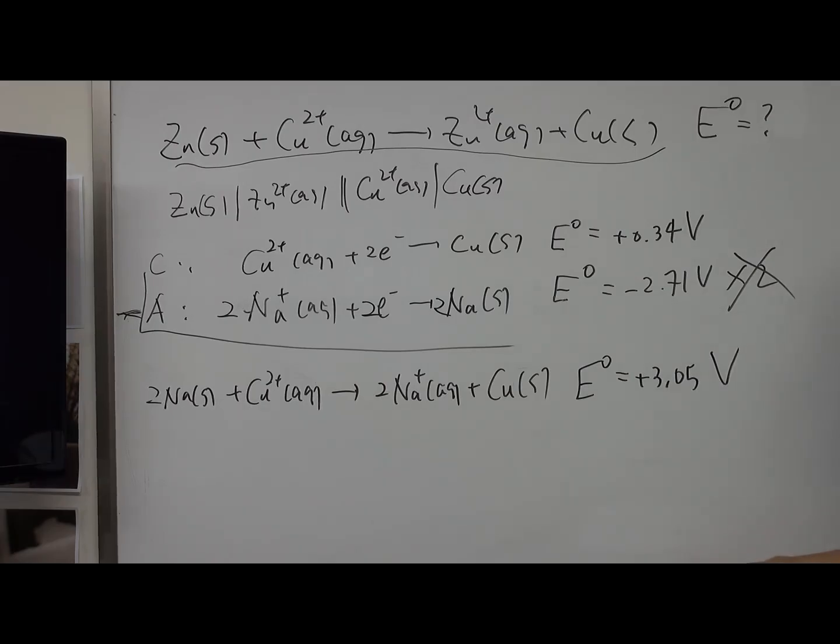Then you get plus 3.05 volt, because standard electrode potential is an intensive property. Okay? Because standard electrode potential was related to what? The equilibrium constant, right? That is also an intensive property.